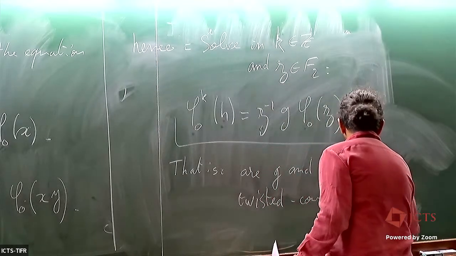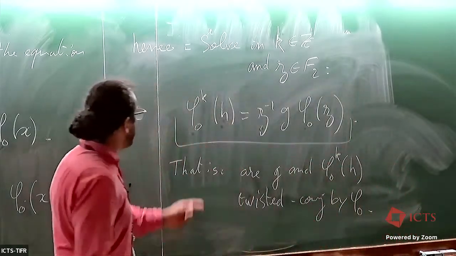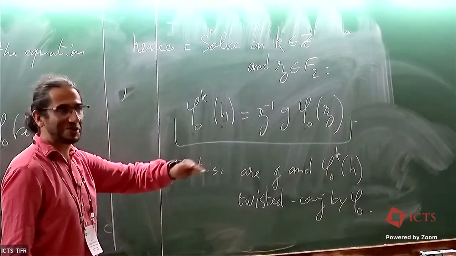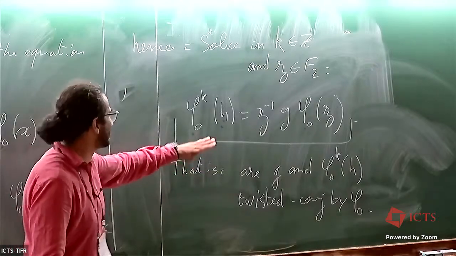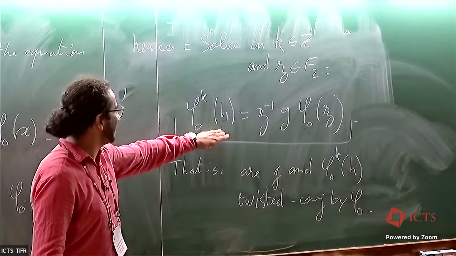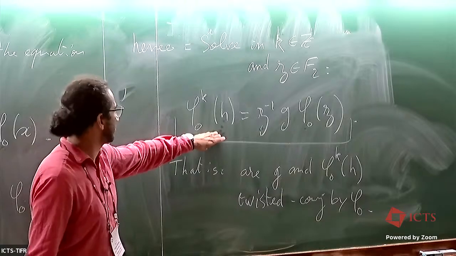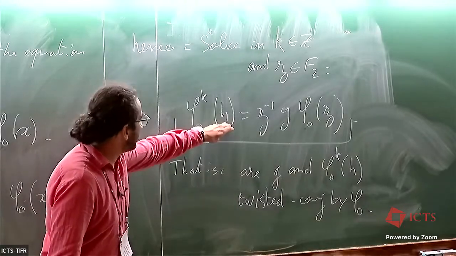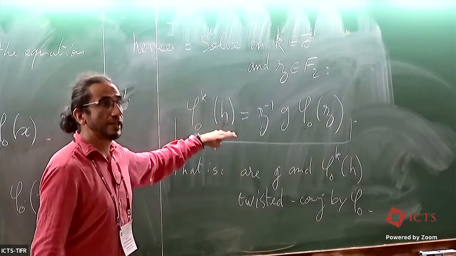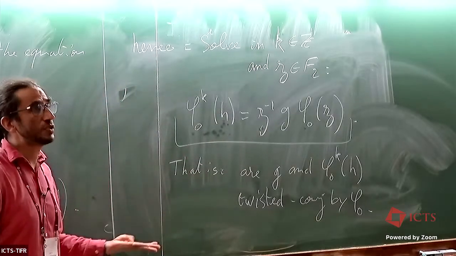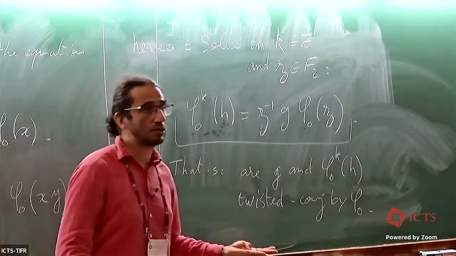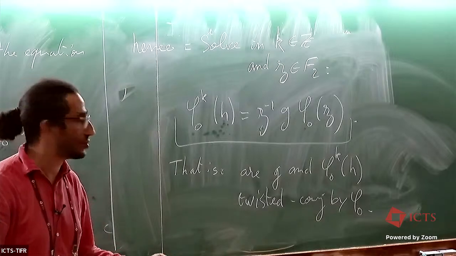By phi 0. But actually, by a simple computation, I guess you have enough of the computation, but it's really syntactical. H and phi 0 to the k of h are themselves twisted conjugate by phi 0. And this is an equivalence relation.